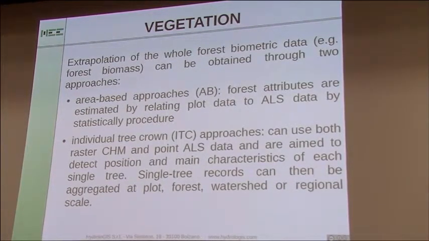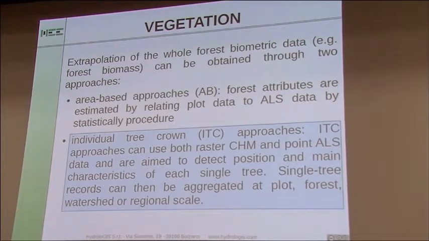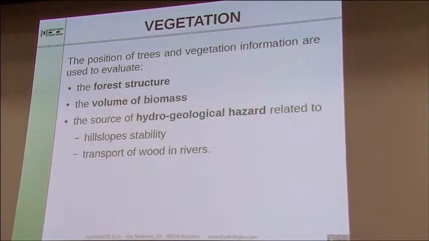And then the other one is the individual tree approach. That means that we extract the information of single trees from the L.E.S.T. data. We work mainly with this second methodology to extract the single tree position and information from LiDAR data.